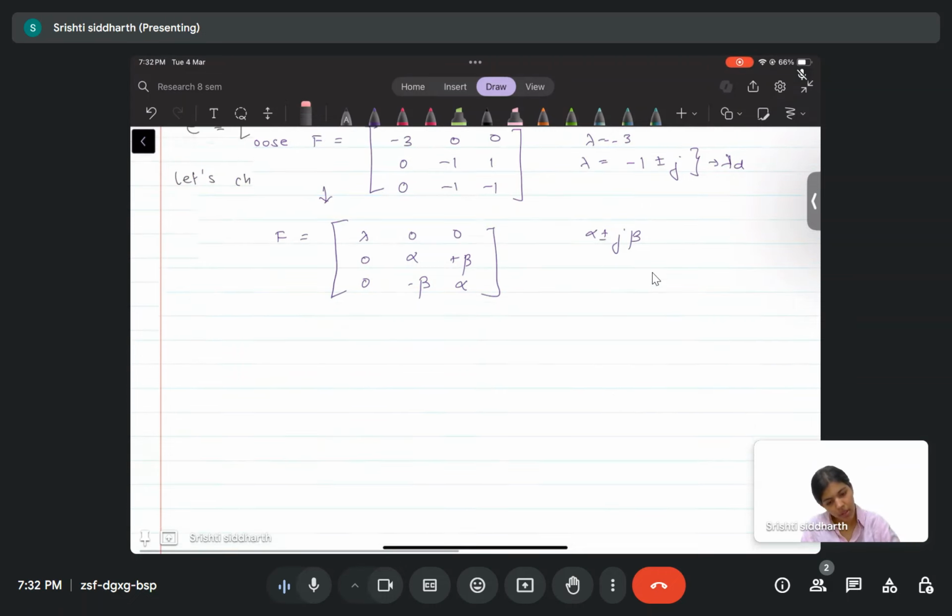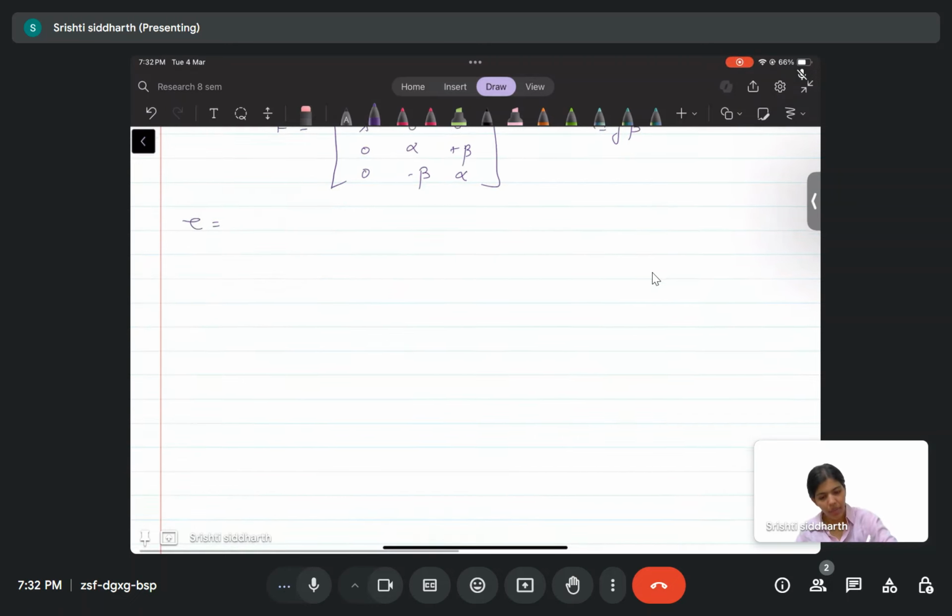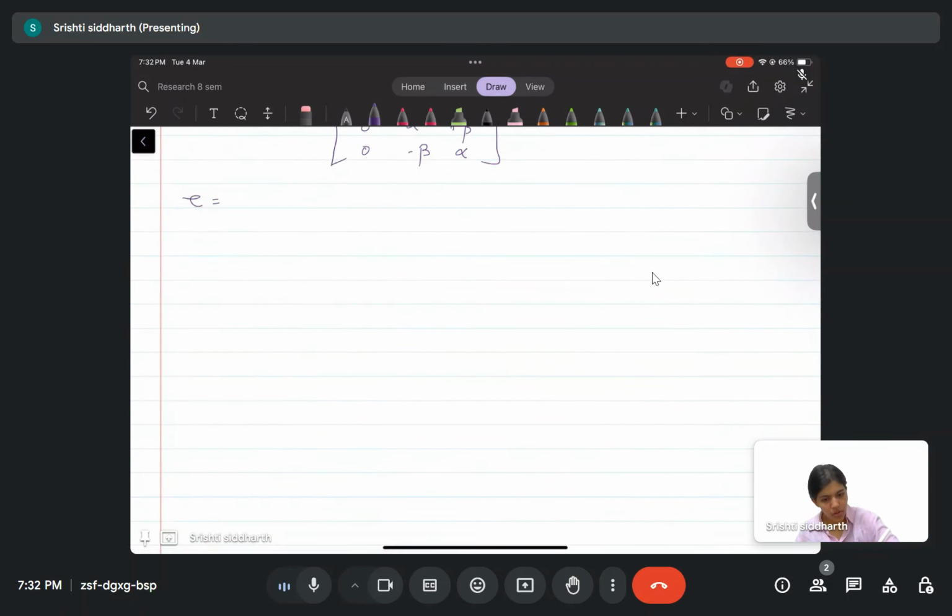Okay. Now let's write the controllability matrix for the pair F transpose and K bar transpose. I'm going to write this down directly. This is 1, 0, 0, -3, 0, 9, 0, and 2, 1, 1, -2, -1, 0, 0.